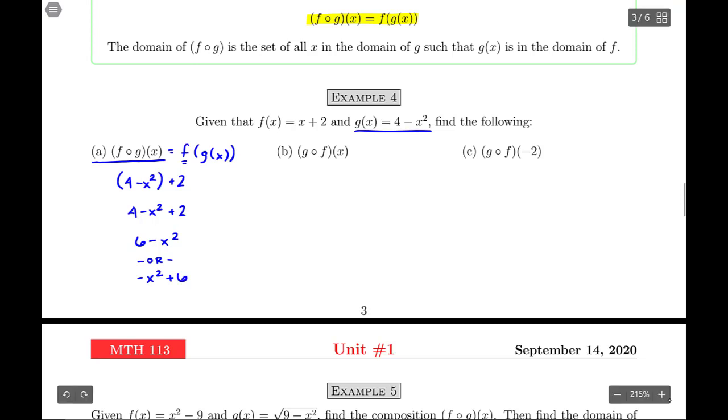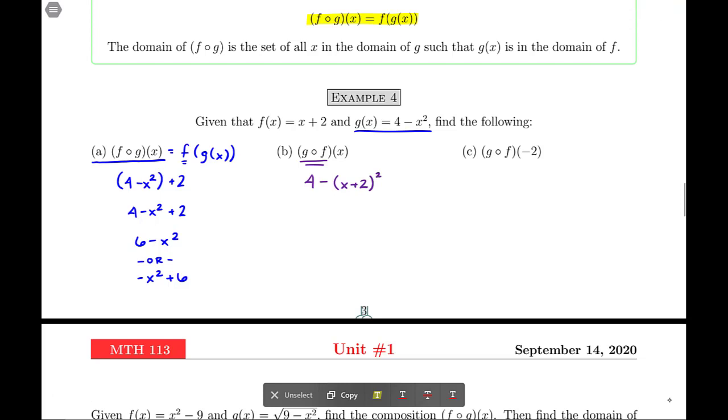For part B, notice that we reversed it. Now it's g of f. So we're replacing function f inside of function g. So function g starts out as 4 minus x squared, but we're replacing x with function f. And this is what we end up with. Now we have to expand the x plus 2. So recall that's x plus 2 times x plus 2.